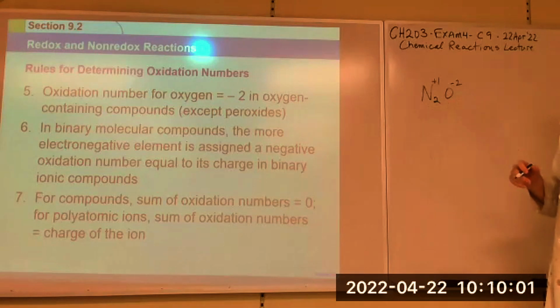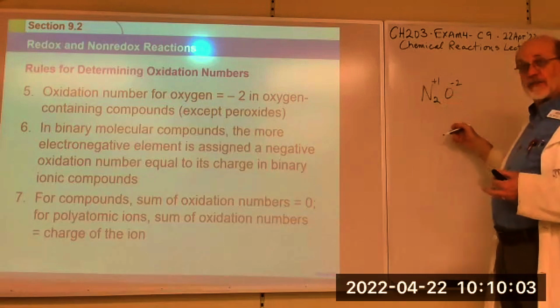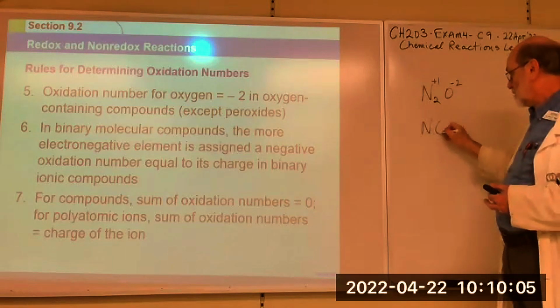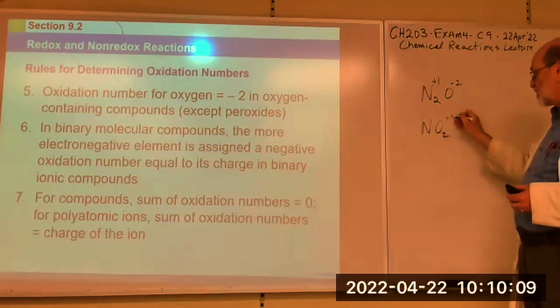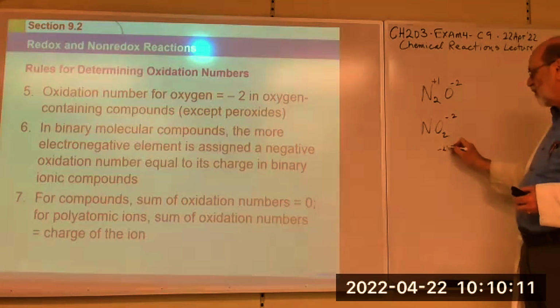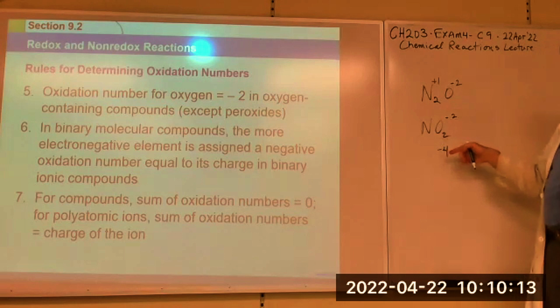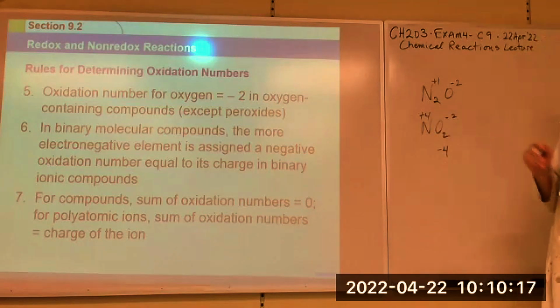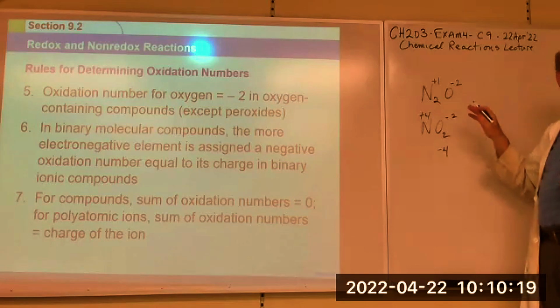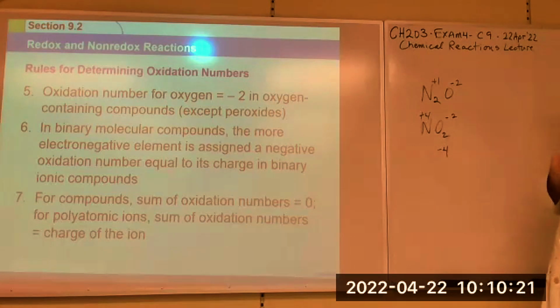If we had a different compound out of those same two elements, like that one, nitrogen dioxide, this would still be -2, which means a total of -4 for the two, that means this nitrogen has to be +4 because the total has to add up to 0, has to balance.